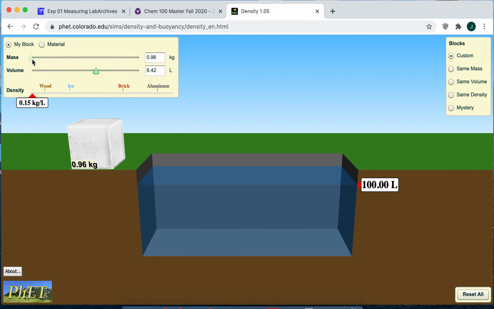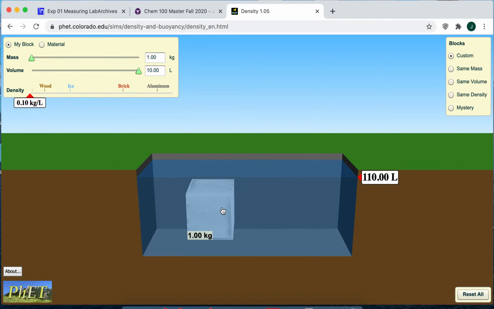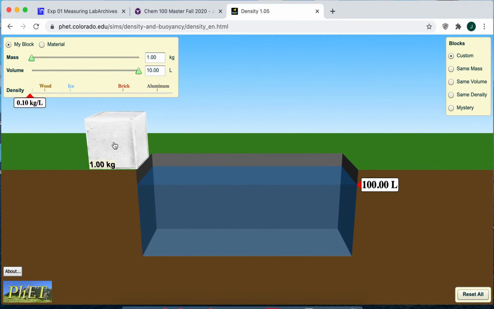I adjust the mass to a very low number and the volume very big, a huge piece but with very little mass. So I only have 1 kilogram per 10 liters. If I put it in, it totally floats on top, right? The density of this piece is 0.1 kilogram per liter, so the density is very low.